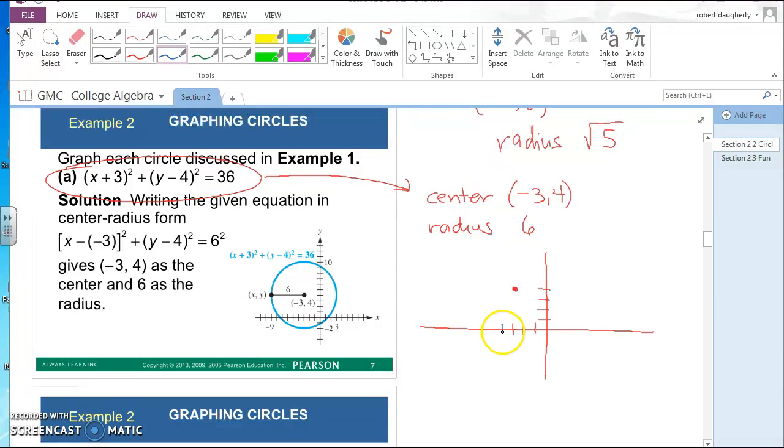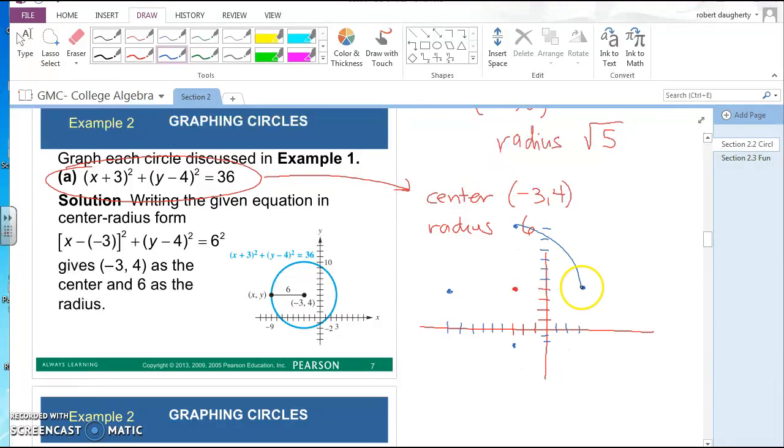So 1, 2, 3, 4, 5, 6, somewhere out here. 1, 2, 3, 4, 5, 6, somewhere up here. 1, 2, 3, 4, 5, 6 this way, and 1, 2, 3, 4, 5, 6 this way.